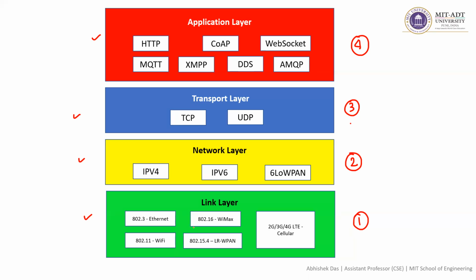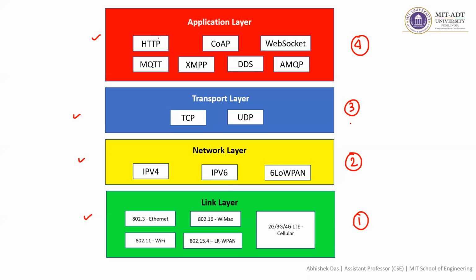These numbers are the different standards of the different protocols. 802.15.4 is for LR-WPAN, and there are also 2G, 3G, 4G, LTE cellular services. So these are all the protocols present in each and every layer that I was saying at the very beginning of the session.